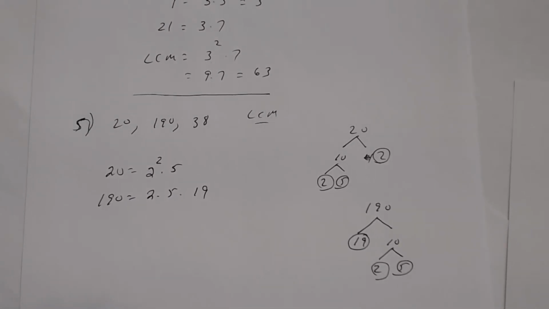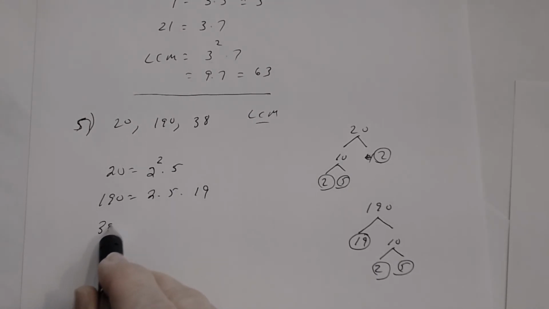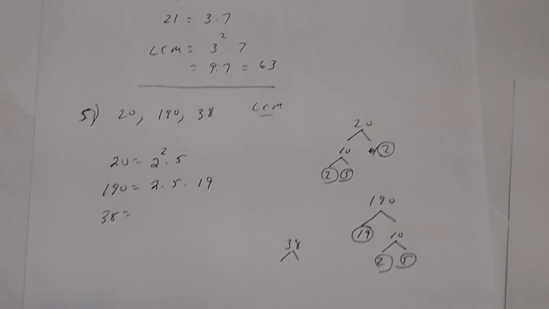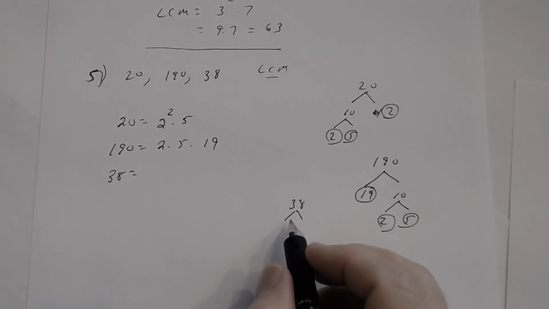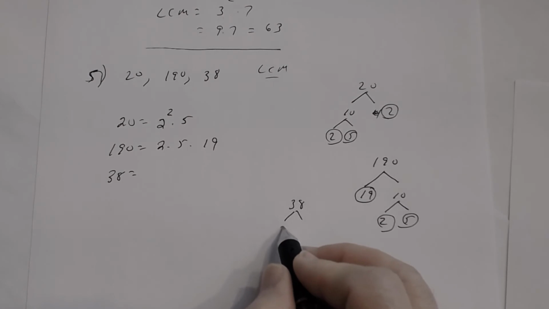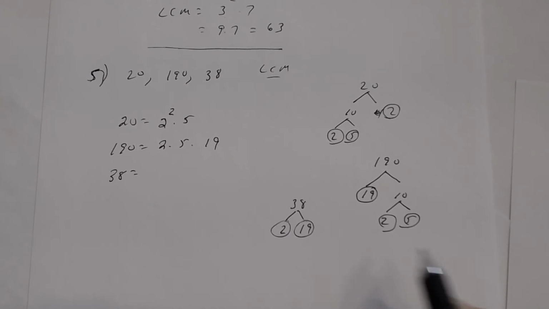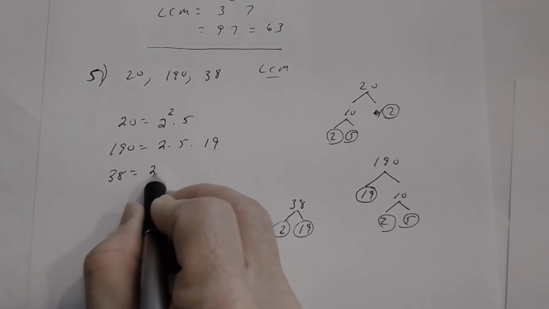I'm just putting it in numerical order. And for 38, let's see, 38 is even, so if you want to start with a 2, you can. You can say 2 times, and then if you need to use your calculator, you just say 38 divided by 2, and you'll get 19. And hey, we already have it. 2 times 19. Those are prime numbers.